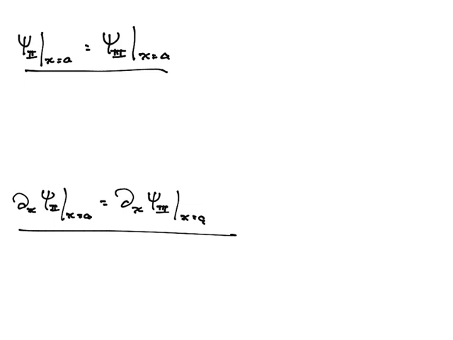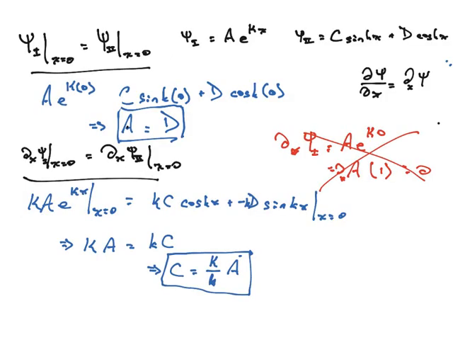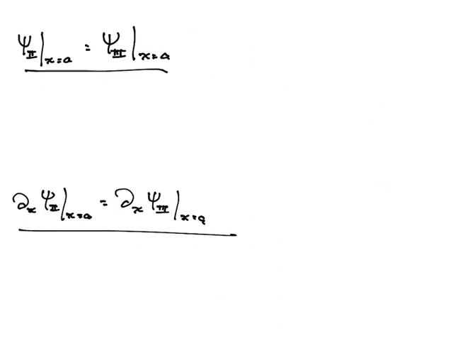Replace the C and D with what they are in terms of A. So let's say for the first one you have something like, I don't know, C sine Ka plus D cosine Ka is equal to G e to the kappa A. Okay?